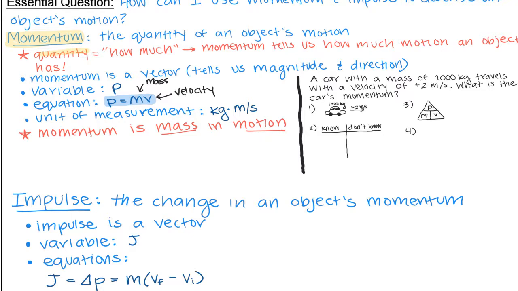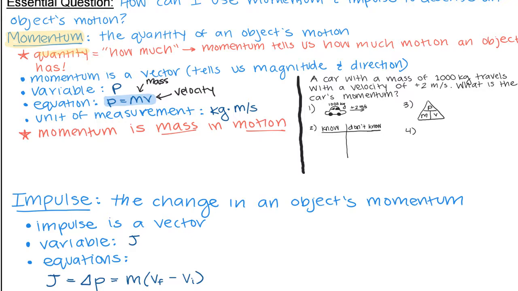Because we are multiplying mass and velocity, the unit of measurement for momentum is kilogram times meters per second. You'll notice kilogram is our unit of measurement for mass, and meters per second is our unit of measurement for velocity. That makes sense because we are multiplying both of those together to get momentum. So our unit for momentum is kilogram meters per second.